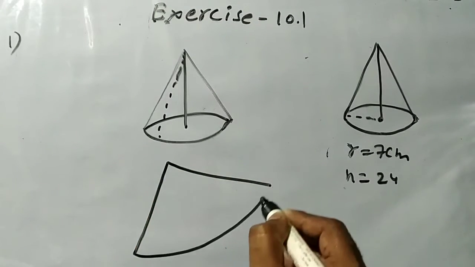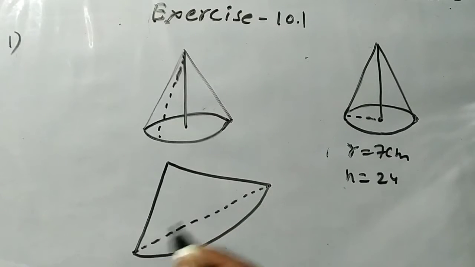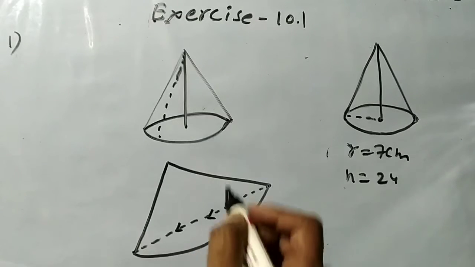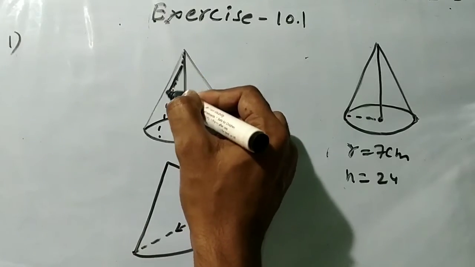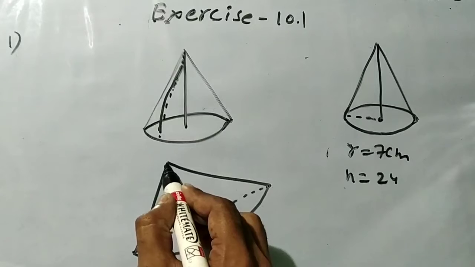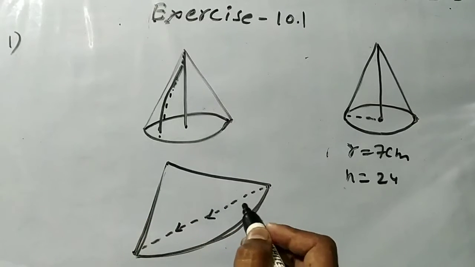In this way the cap will be attached here, and you will fold it in a circular manner, which will be shaped like a right circular cone. We cut here and open it. When you open it, it forms a triangle with a curve here. This is the curved surface area.